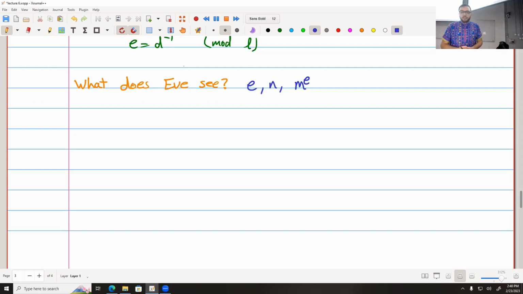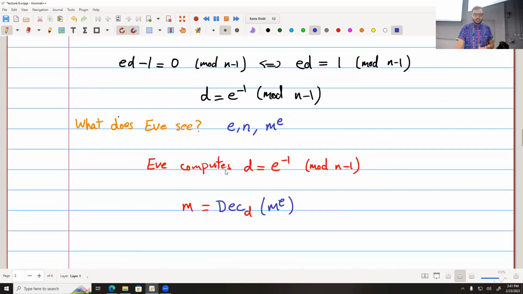So now Eve wants to find some information about M. But actually now, again, we get to the part where we are a bit more hand wavy. No one knows how to do this. No one knows how to find any information right now. Because previously, we had a way of finding D. We could say that our decryption key D is just the modular multiplicative inverse of E modulo n minus 1.